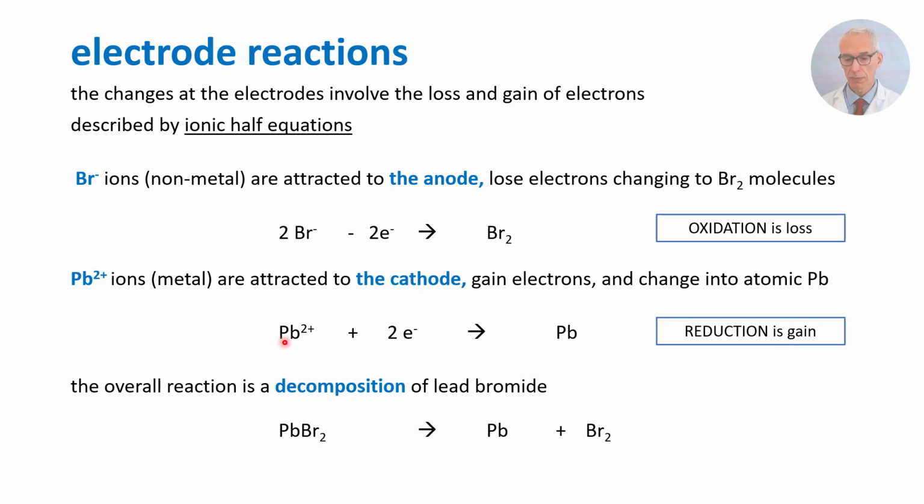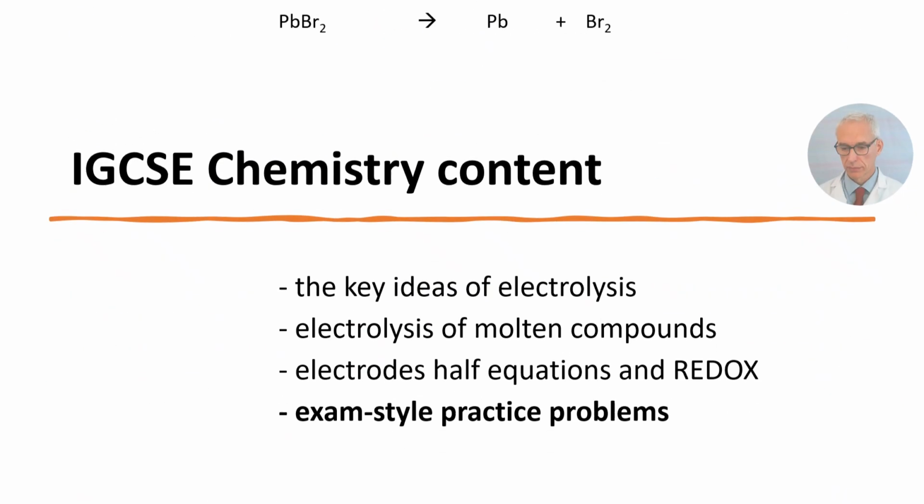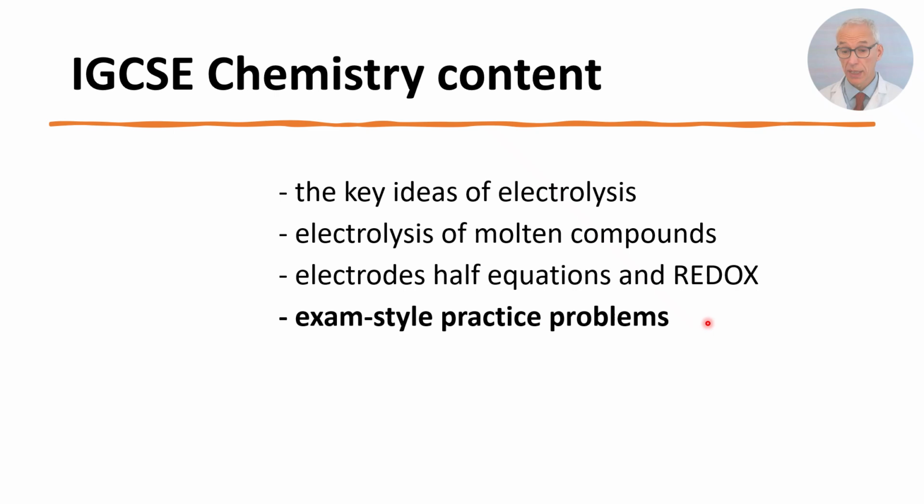Here, lead 2+ gains 2 electrons to form lead atoms. We'll be using these definitions to classify certain types of reactions in various parts of the chemistry specification. I would recommend that you try some practice problems before moving on.